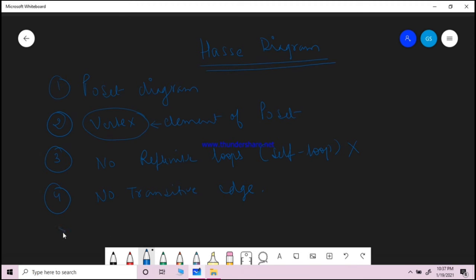I'm telling you. And you need not draw the directions, meaning directed edges. Suppose you have some A, B, C in your poset, and now you want to draw a diagram. By this norm, you will simply convert this into three vertices of your diagram.